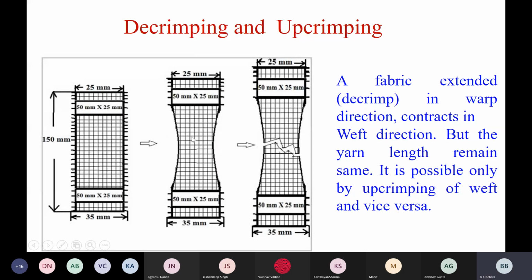So if I remove some amount of crimp from warp, how much crimp will be transferred to weft, and what will happen to our basic geometrical equation of the fabric because of this phenomenon, that we shall study in detail in the next class.